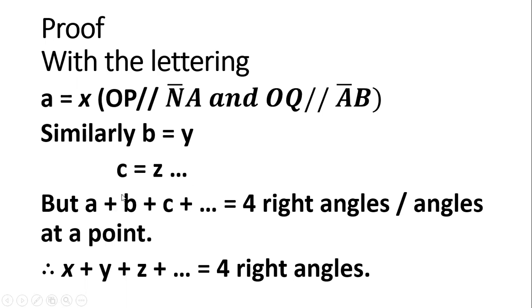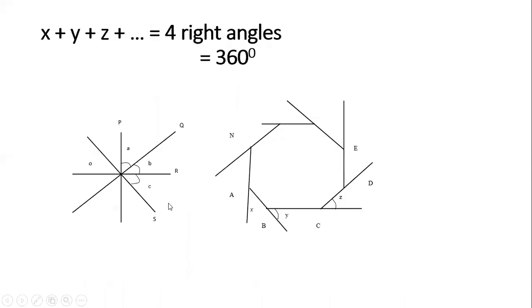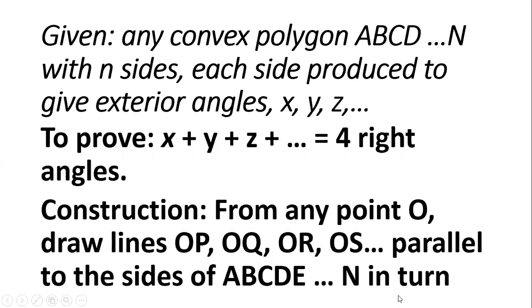Can you see? A will have an angle equal to it. B will have an angle because it's inside here. And we have proved that the addition of all these is 360 degrees. So automatically the exterior angles will also be 360 degrees with one another.